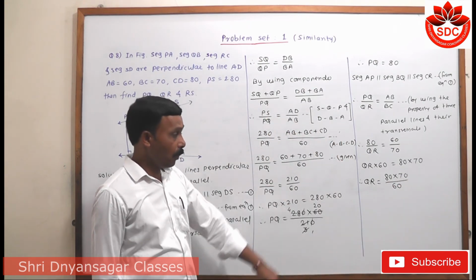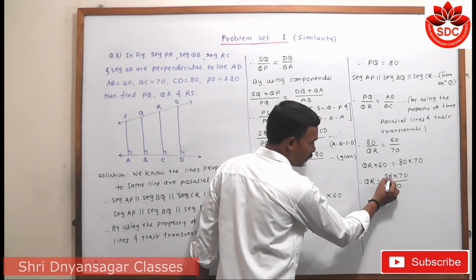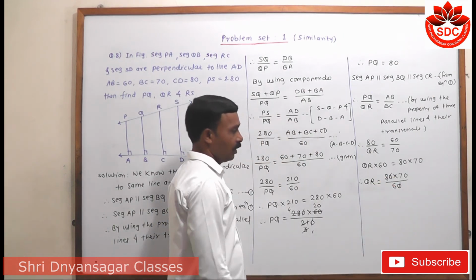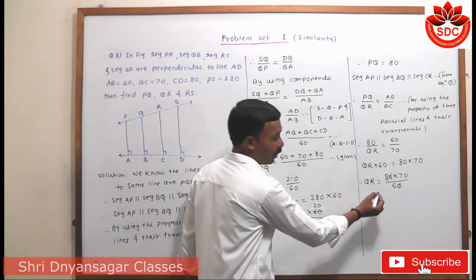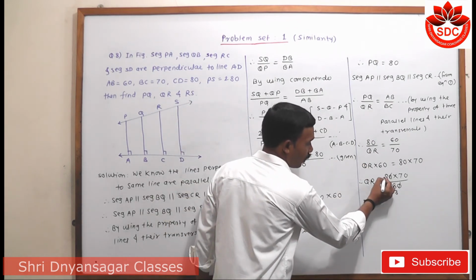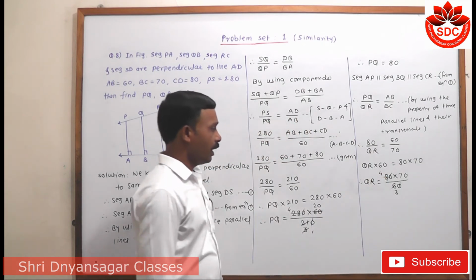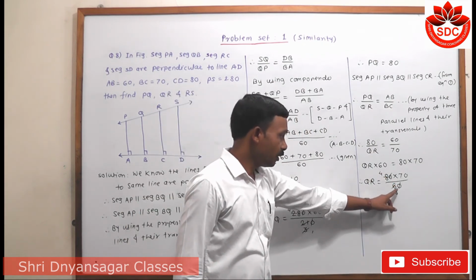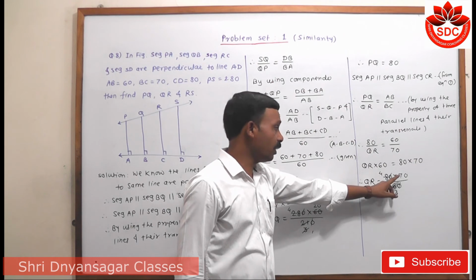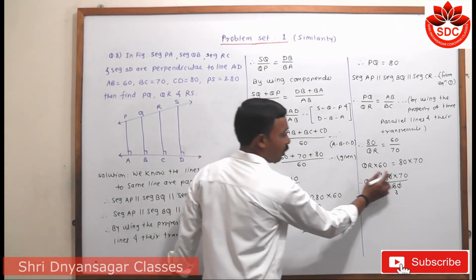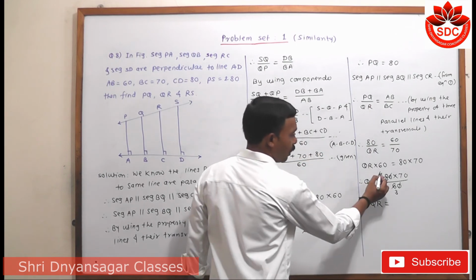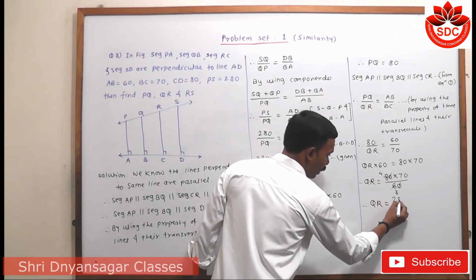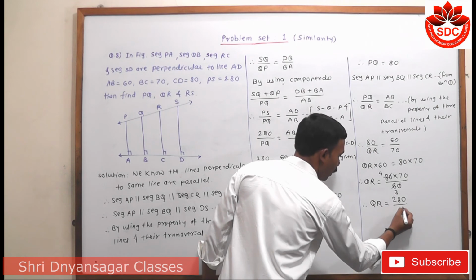Now we simplify it. The 0 gets cancelled. This is an even number, so we divide it by 2. 2 3s are 6, 2 4s are 8. Can we divide this 3 into this number? No. So I take the product of the numerators. Therefore, the value of QR is 7 into 4 is 28 and the 0 as it is, upon 3.